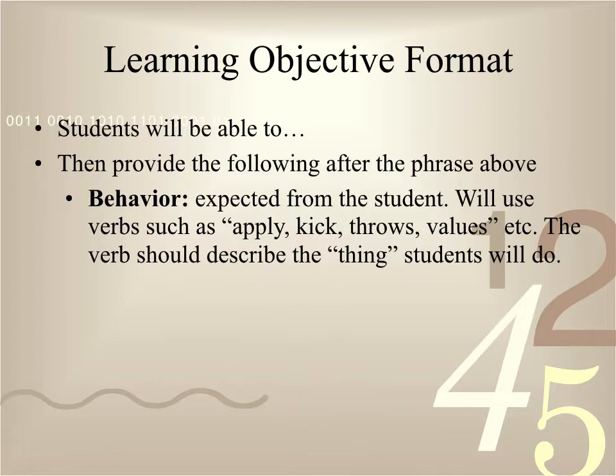And we have different verbs that identify where we are on Bloom's taxonomy. I've provided some information about this in our class that will help you with these verbs when you're writing learning objectives. So what is that behavior?